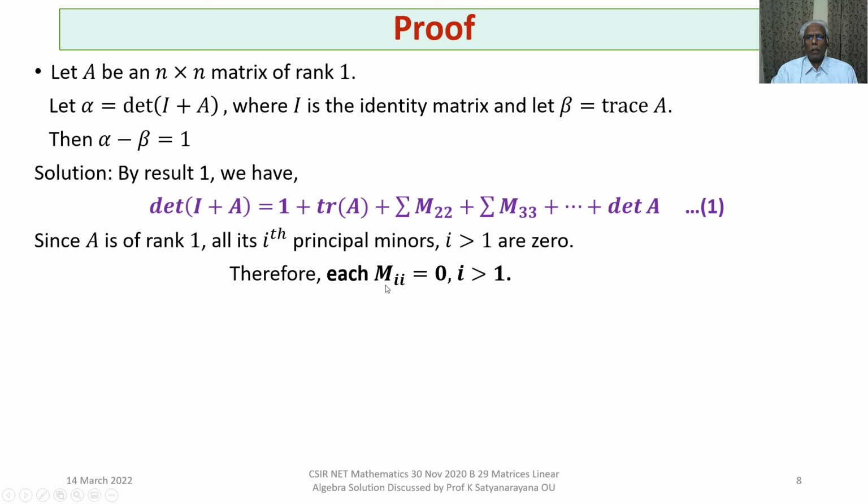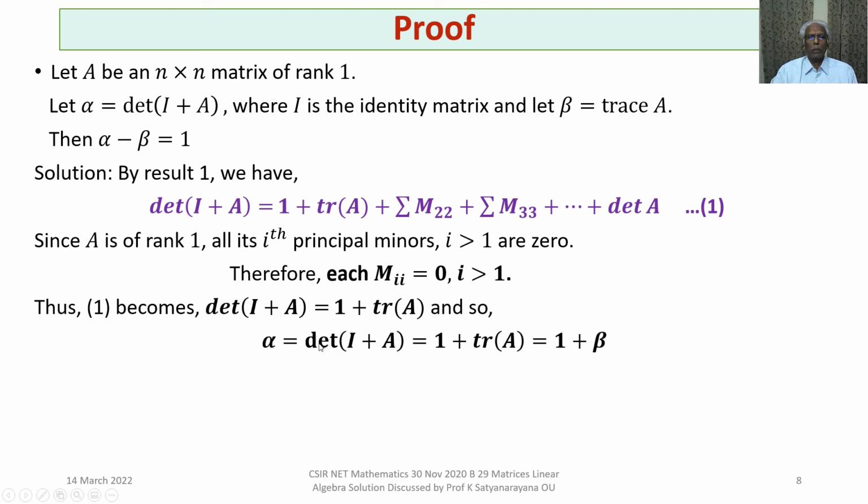Therefore, each Mii is 0 for i greater than 1. Then the above equation now becomes the determinant of I plus A equal to 1 plus trace of A. So the determinant of I plus A is alpha, the trace is beta, substitute. Alpha is equal to the determinant of I plus A, which is equal to 1 plus trace of A, which is equal to 1 plus beta, because trace of A is beta.